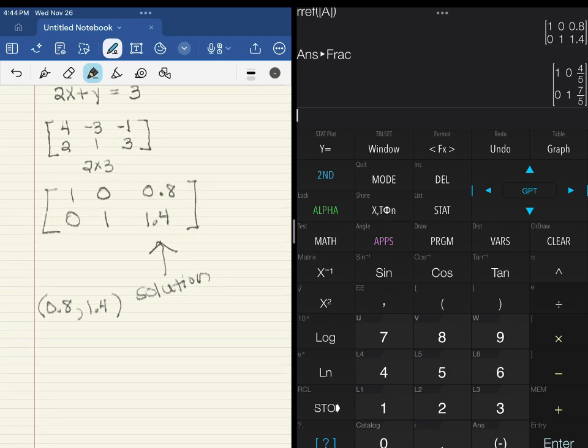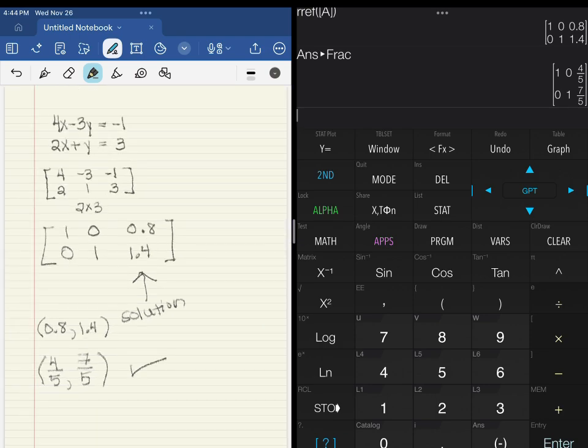But what you do is you go to your home screen, you put RREF, and then you put in the name of the matrix that you edited, which was, for me, matrix A, and then press enter, and it'll give you the solution.